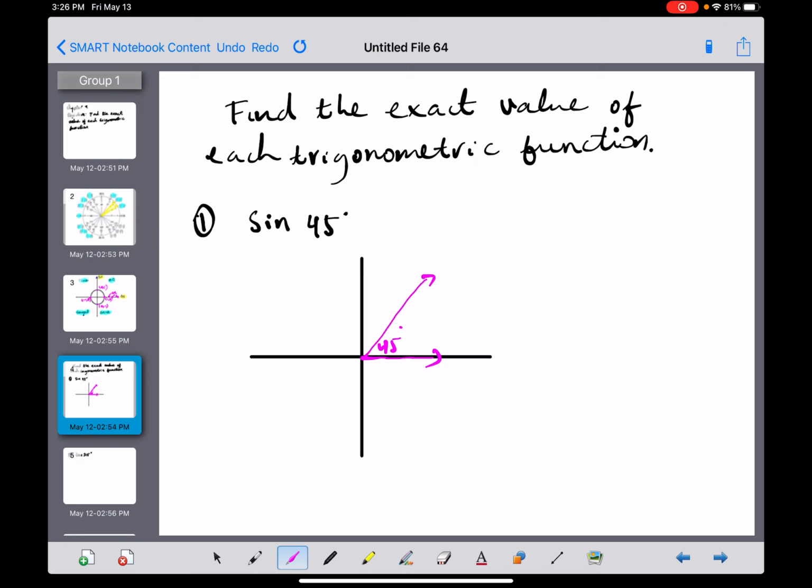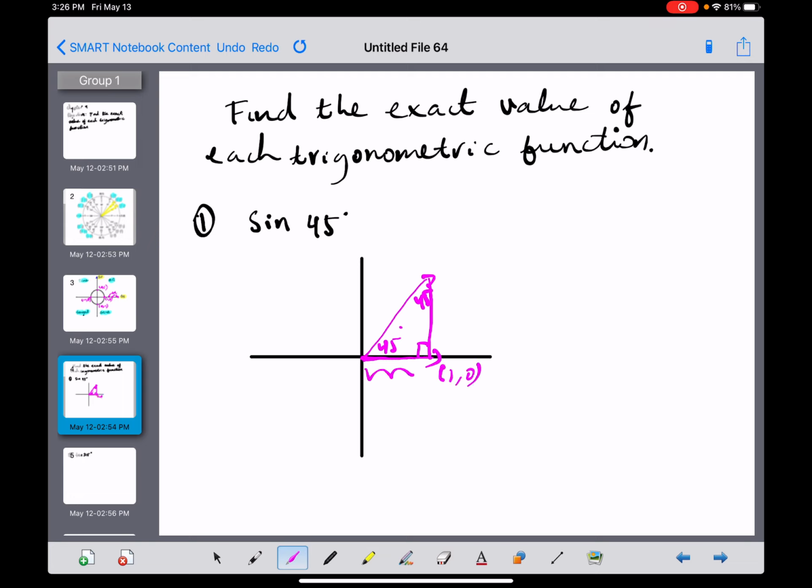After you sketch the angle, step 2, you're going to make a triangle. When you make the triangle, you're always connecting the terminal side to the x-axis, okay? And then you should have a right triangle, a 45 degree triangle. And remember earlier when you drew the unit circle, from here to here it's (1, 0).